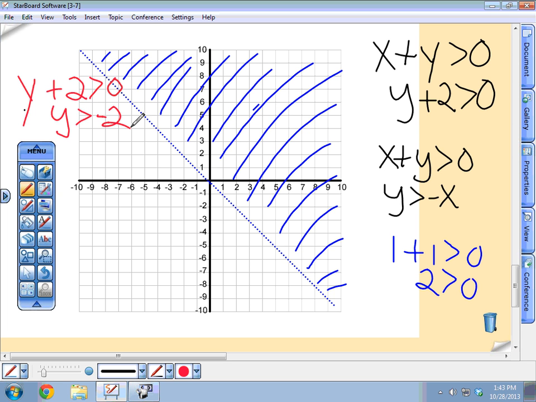What does that inequality look like? Well, if that was an equal sign, what does my associated equation look like? What does y equals negative 2 look like? A horizontal line. Where is it going to go through? Right, so it's going to go through here. Is it going to be an open or a closed line? An open line. Okay, so it's going to look like this.